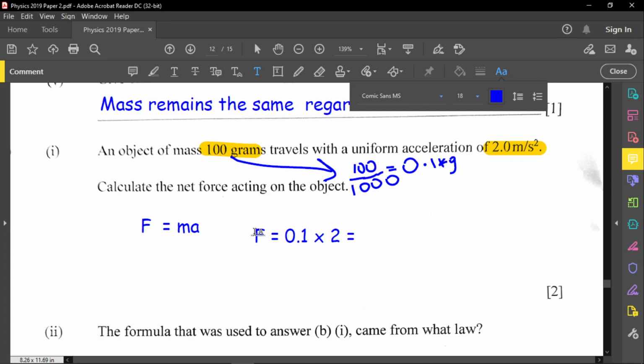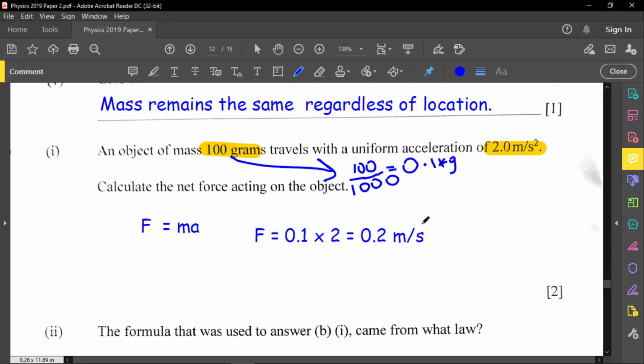So this here will give us a value of 0.2. That's not the proper unit here, so let me delete this real quick. All right, so this is Newton.